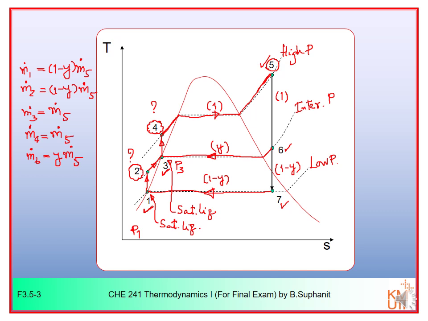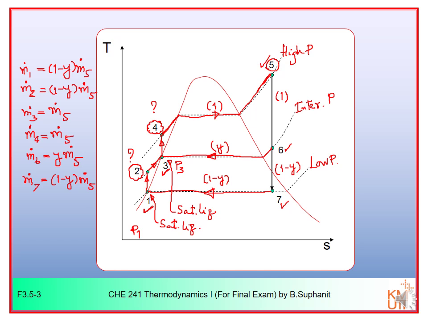Lastly, m7 would be equal to (1 minus y) m5. So you can write the mass flow rate at every point as a function of m5. This would be very useful when you write the energy balance to do your calculations.